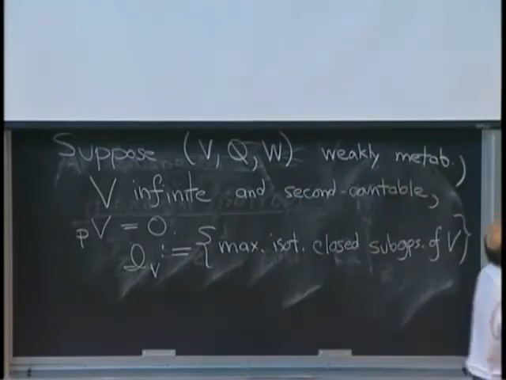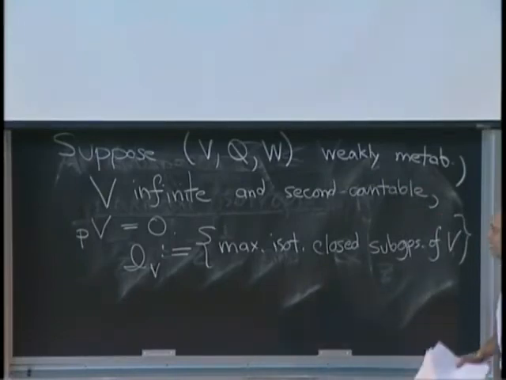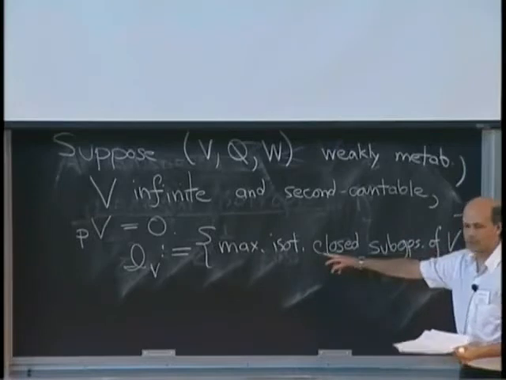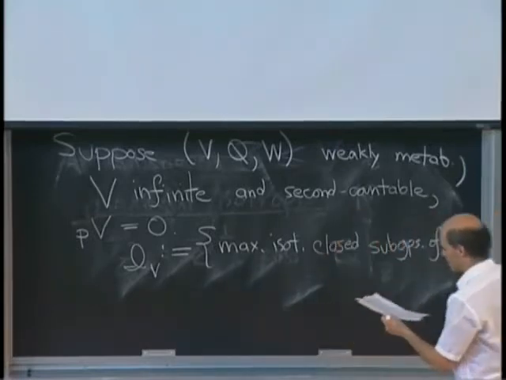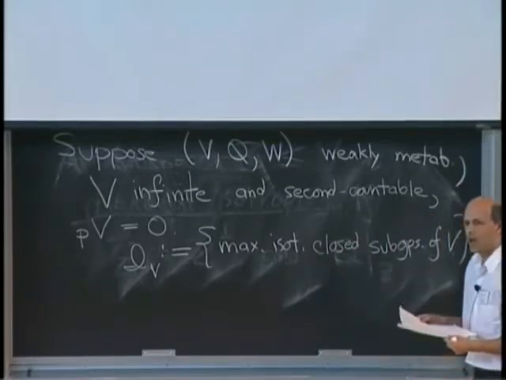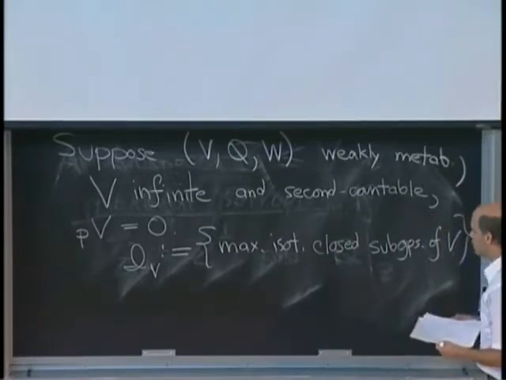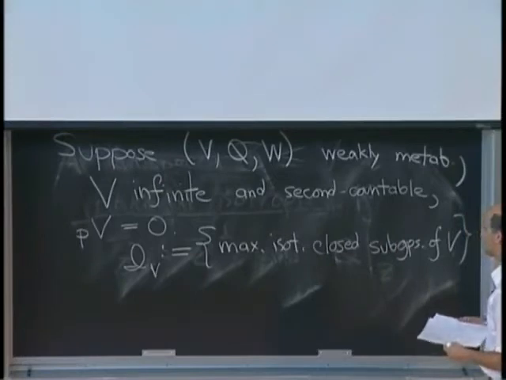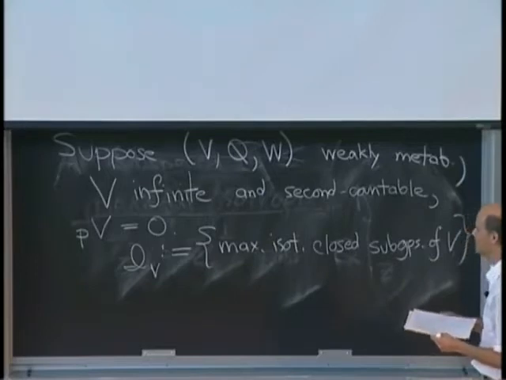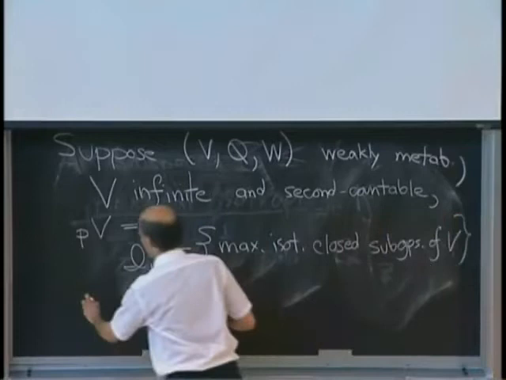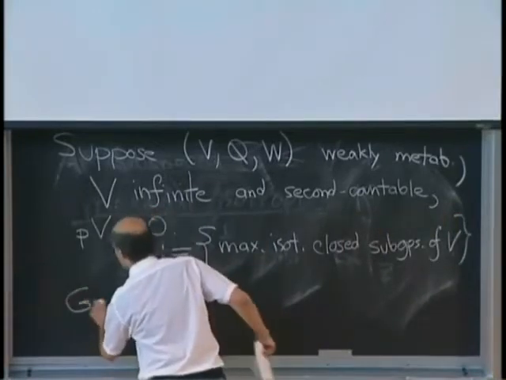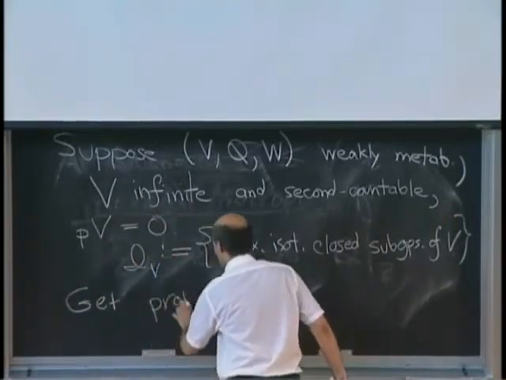And now, instead of intersecting two maximal isotropic subgroups chosen uniformly at random from finitely many, I'm going to choose things at random from this set, intersect those, and see what the intersection dimension is. So you're not requiring these to be compact? No, they could be discrete. And in fact, it will turn out, maybe I won't explain this in detail, but it's possible to put a probability measure on this set.